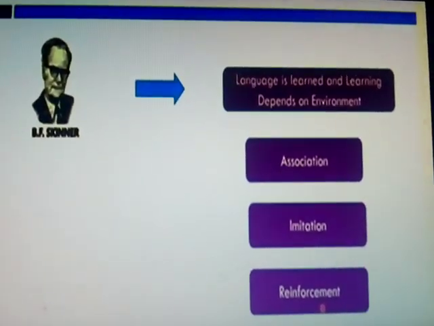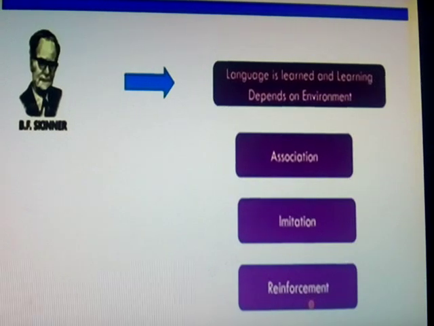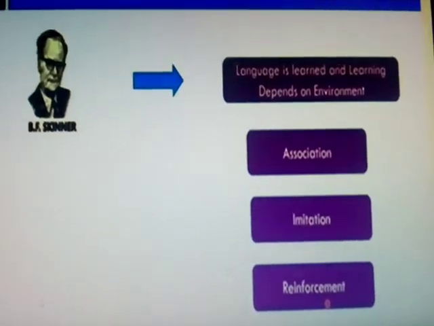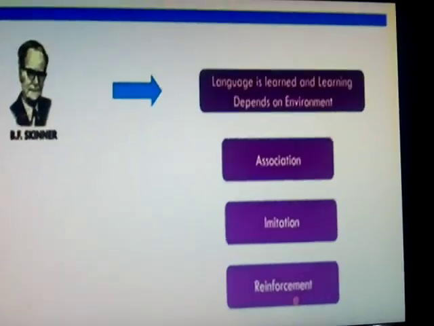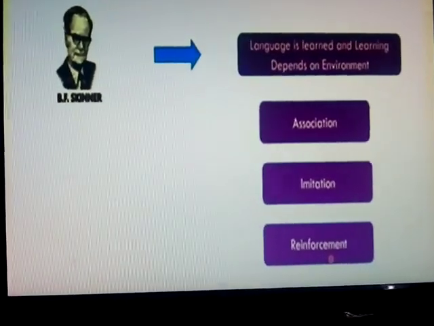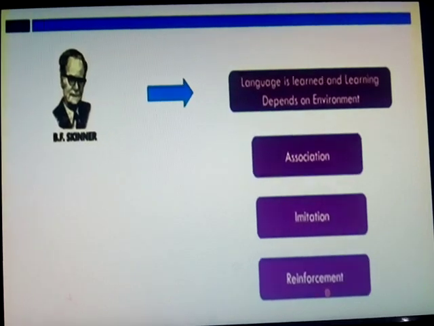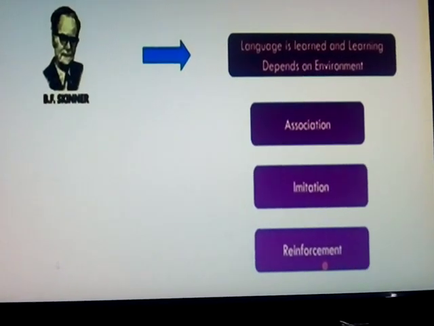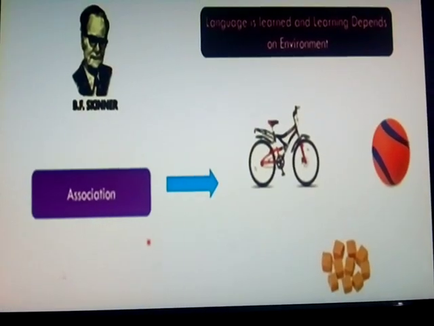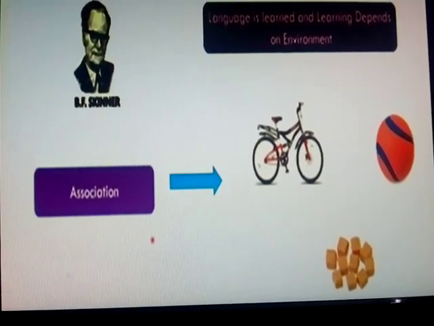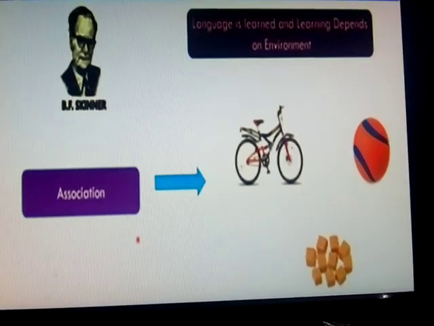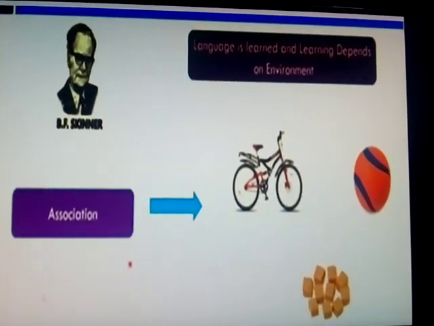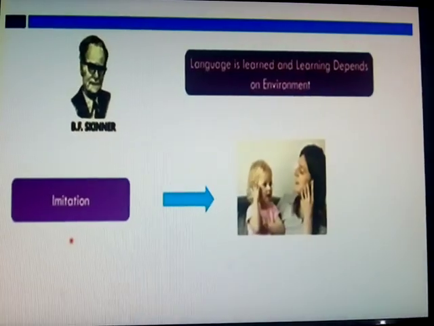Language is learned, and learning depends on the environment. What is that? Association, imitation, reinforcement. This is Skinner. Association means language is learned and depends on the environment. Items in the environment are identified: cycle, ball, biscuits.